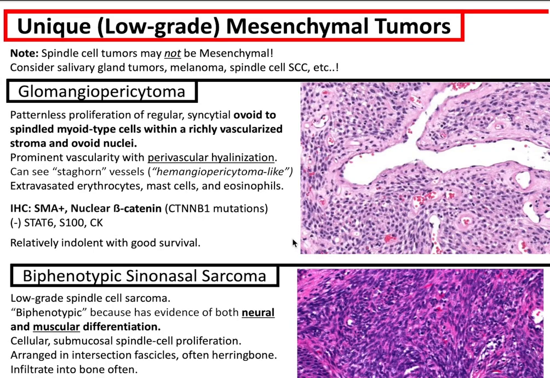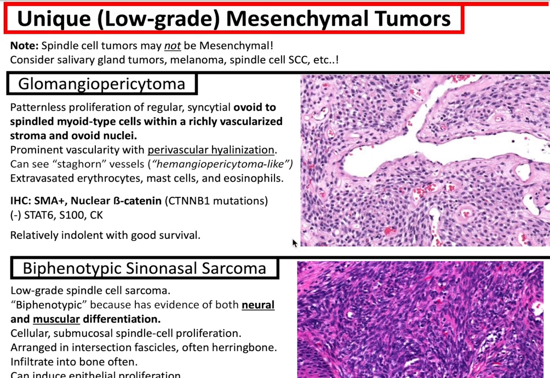Let's talk about unique low-grade mesenchymal tumors. Note, spindle cell tumors may not be mesenchymal. Consider salivary gland tumors, melanoma, spindle cell squamous cell carcinoma, etc. Glomangiopericytoma is a patternless proliferation of regular syncytial ovoid to spindled myoid-type cells within a richly vascularized stroma with ovoid nuclei.